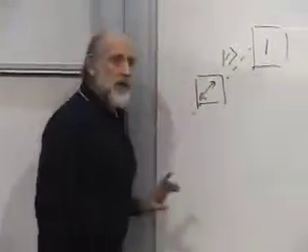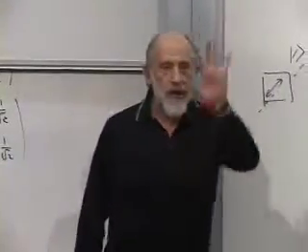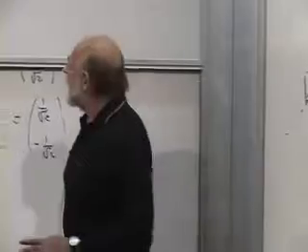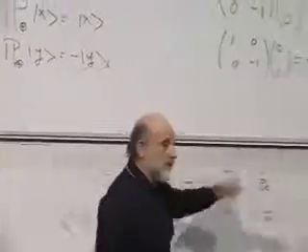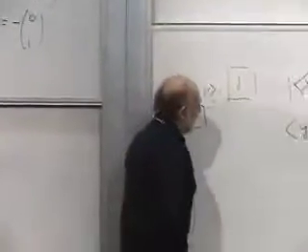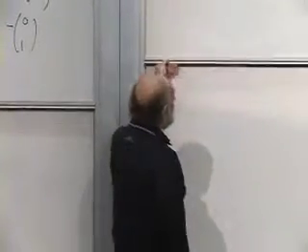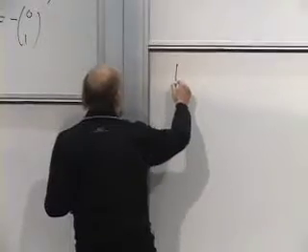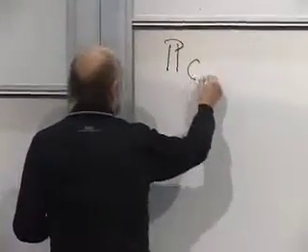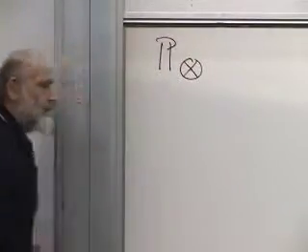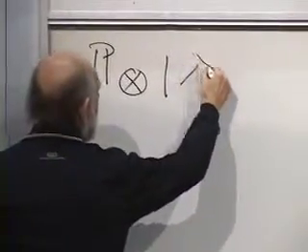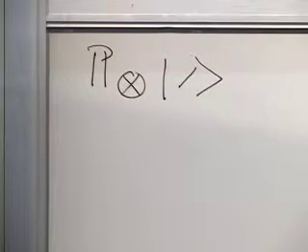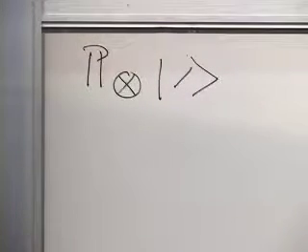Can we construct an observable which represents the photon polarization not in the vertical and horizontal direction, but in the 45-degree directions? Let's see if we can do that. Let's invent the polarization now, and let's call it this. It has the property that when it acts on, I wish I had names for these two vectors.